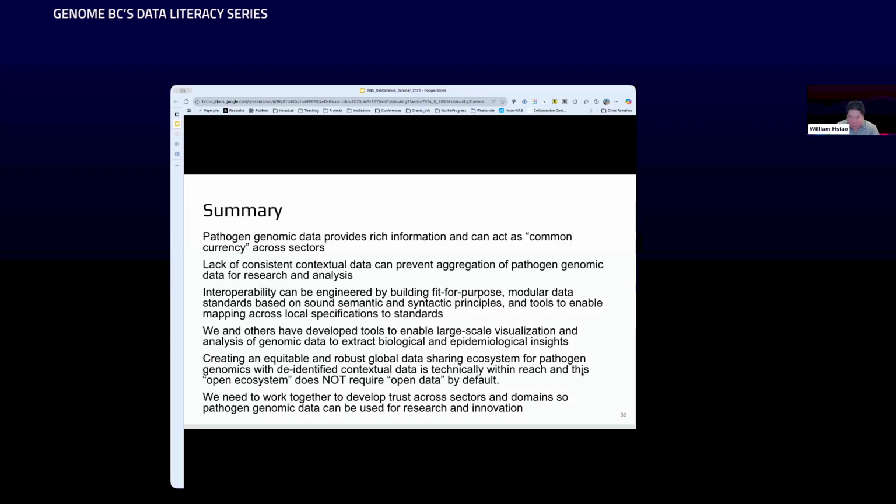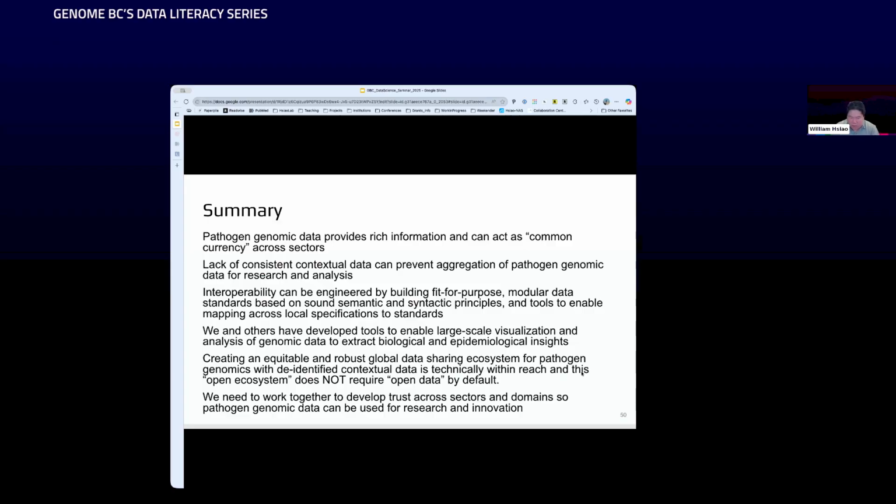So creating an equitable and robust global data sharing ecosystem for pathogen genomics with de-identified contextual data, I believe is within reach technically, but then improving the trust across domains is important, and therefore an open ecosystem is not a requirement to make your data open by default.